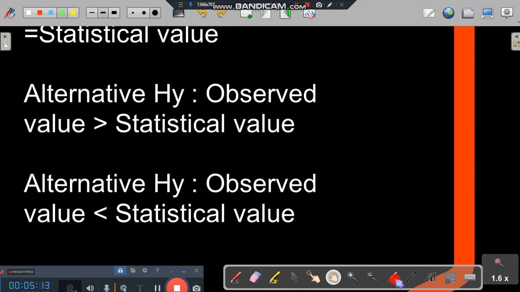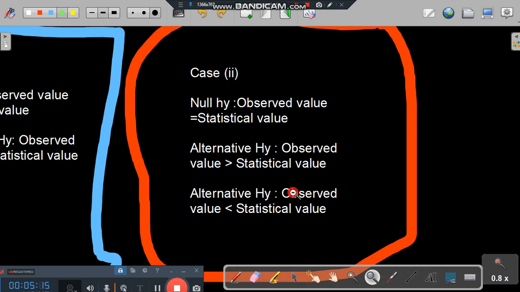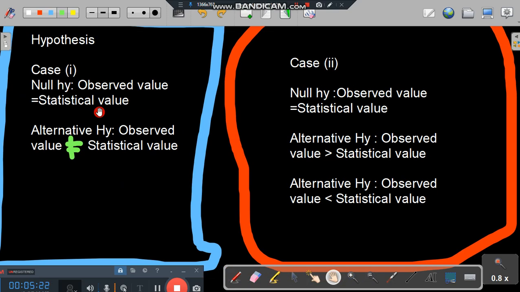So there are two chances in the second case. The null hypothesis is the same, but in the first case we have only one chance: the observed value is not equal to the statistical value. But in this case there are two alternative choices. The first choice is that the observed value is greater than the statistical value. The second choice is that the observed value is less than the statistical value.